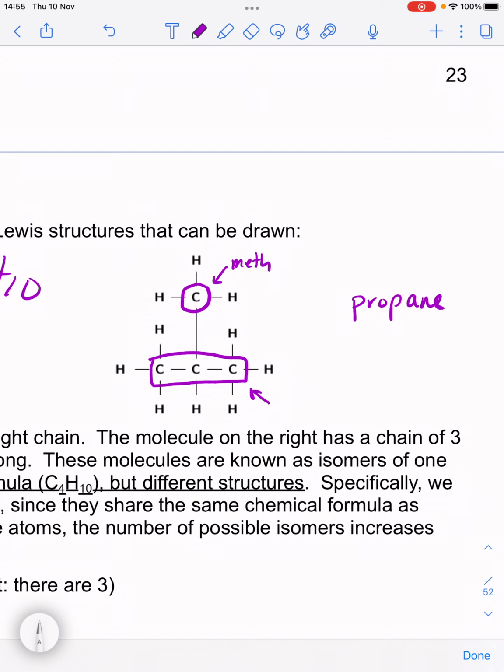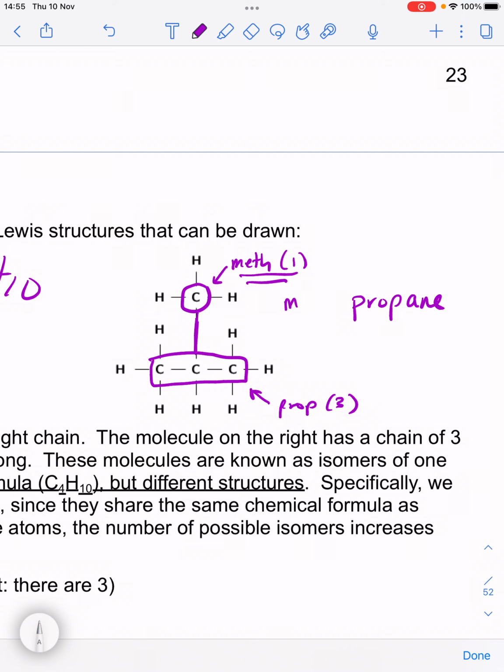So this one is prop, and this one is meth. And so meth is 1, prop is 3, and so if I include both of those in my name, they add up to 4, which is how many carbon atoms are in this molecule. So when I want to say that there's an extra carbon, and we call this like a branch, it sticks off to the side like a branch out of a tree.